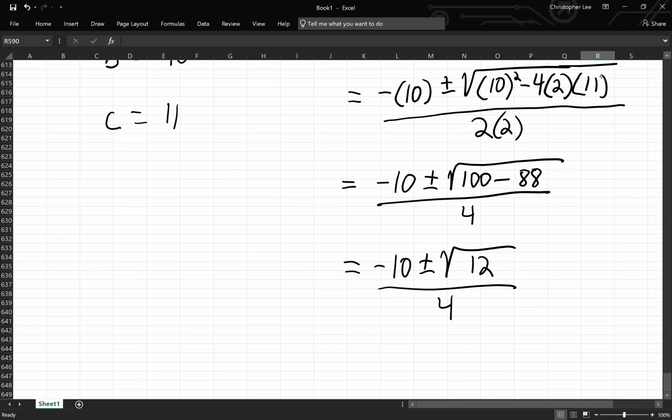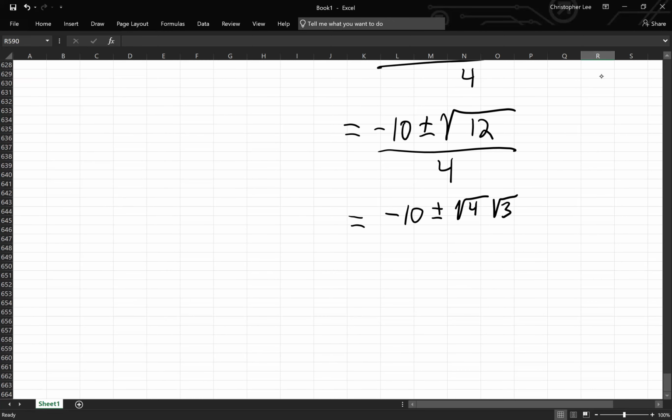Now 12, we could break down a little bit more, right? So this is going to become negative 10 plus or minus square root 4 times square root 3, divided by 4, of course. And then the square root of 4 we know is what? 2, right? So this is negative 10 plus or minus 2 square root 3 over 4.